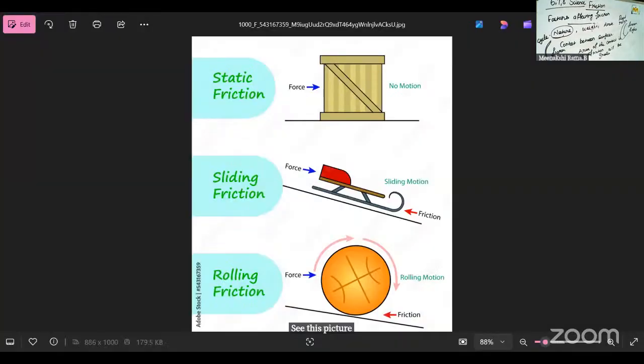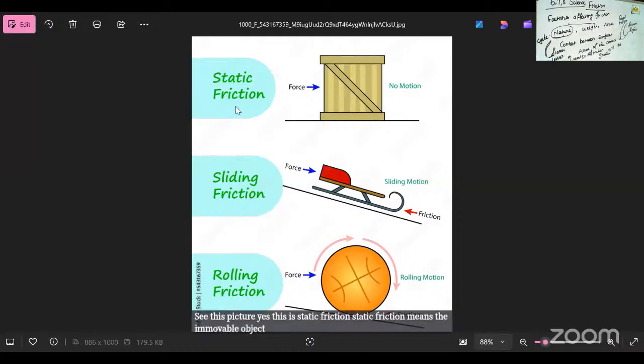See this picture. Yes, this is static friction. Static friction means an immovable object, like the boxes placed in this area. To move the box, we need to supply some force, some energy. Next, sliding friction, sliding motion.